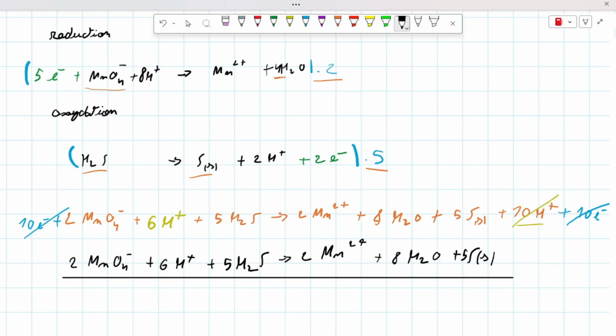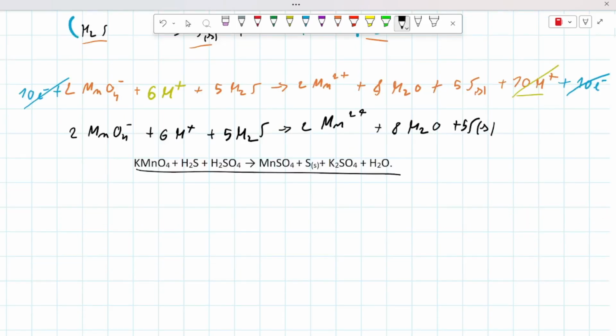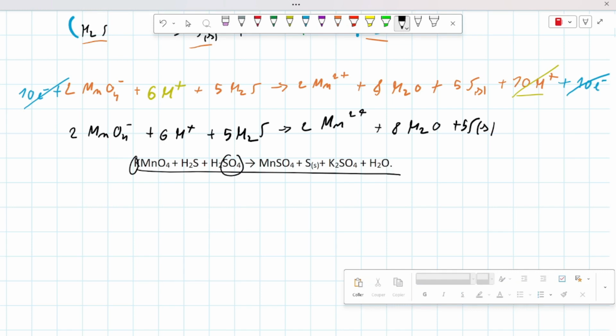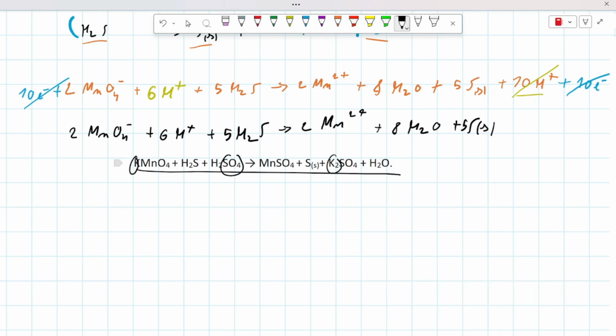To find the molecular equation, we simply need to take our equation that we had in the start, which is here, and use the atoms that we left out at the beginning. So for example, K, SO4, and the same thing here, K and SO4, and add those into our equation.